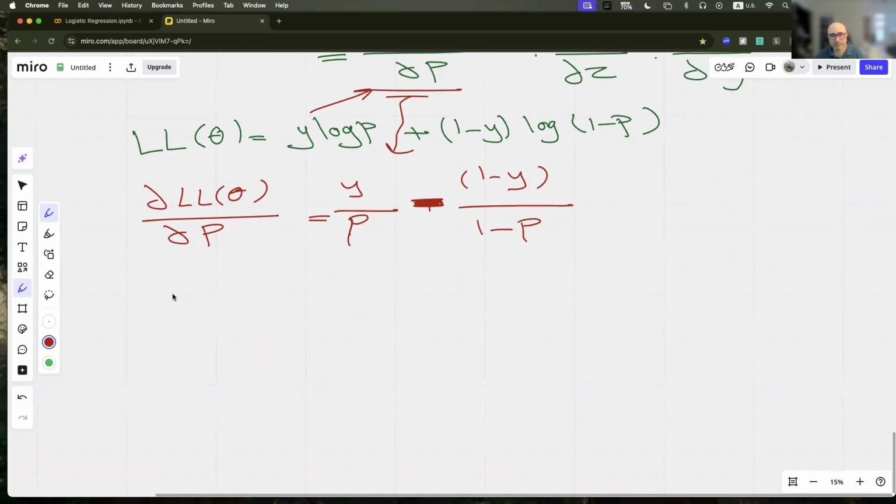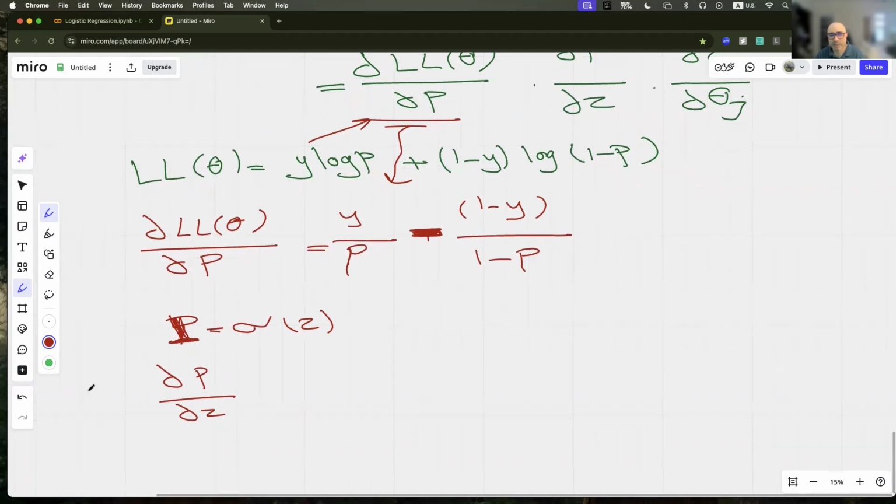Now we have the second term, which is p with respect to z. If we define p as sigmoid z and we want to calculate the derivative of p with respect to z, for a sigmoid function the derivative is sigmoid z times 1 minus sigmoid z.